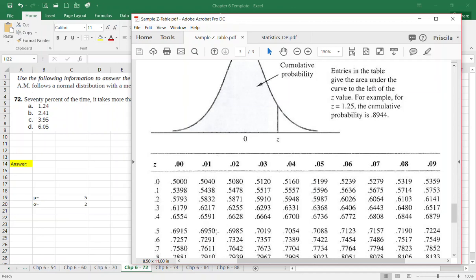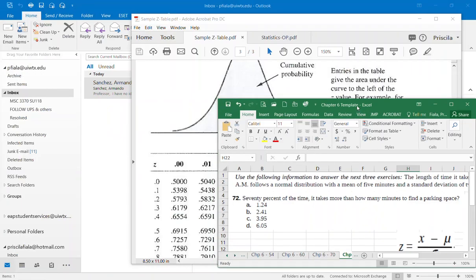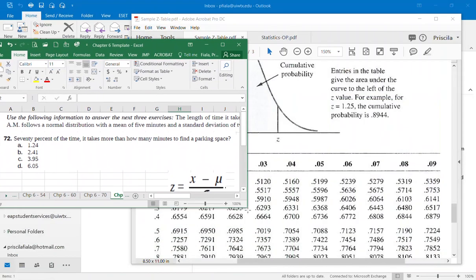Well, 0.6950 right here, 0.6985. We could use a z-score value of 0.52, 0.5 combined with 0.02, to solve this problem, but I want to be even more precise. So I'm going to average these two values right here so you can see what I'm talking about.